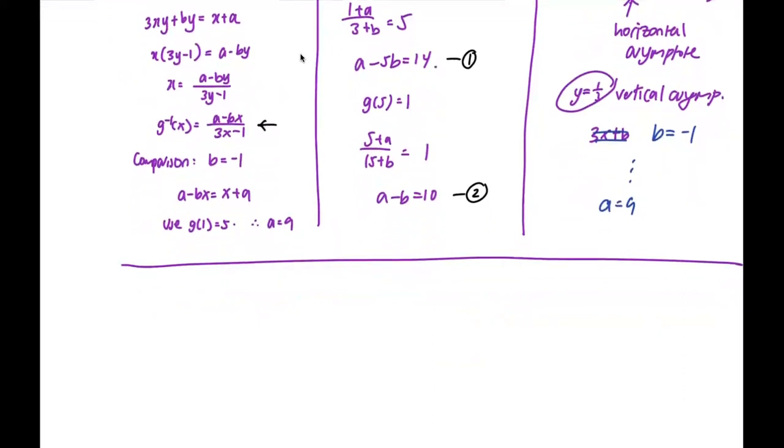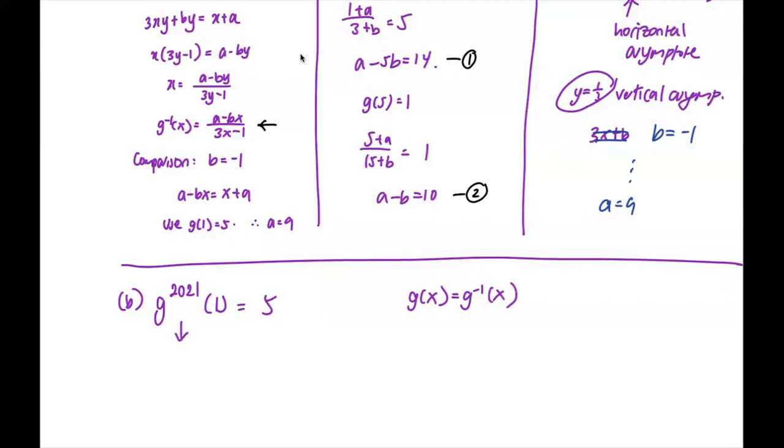Next is part B. The question is asking you to find what is g to the power of 2021 of 1. Okay, this is a very simple question. What's the answer? 5. Okay, the answer is 5. Simple reason is because we already know that g(x) equals the g inverse of x.